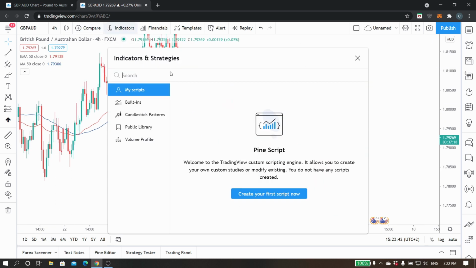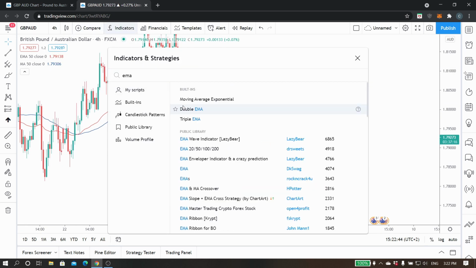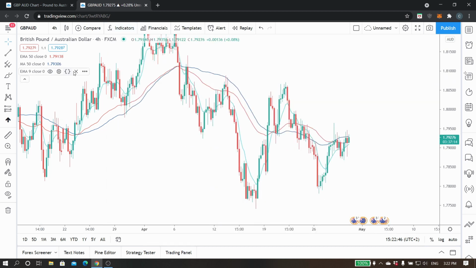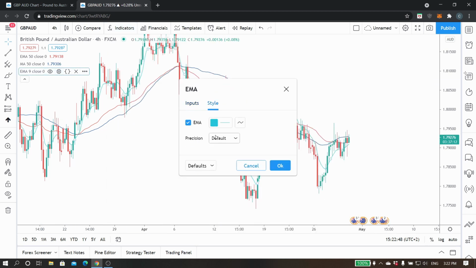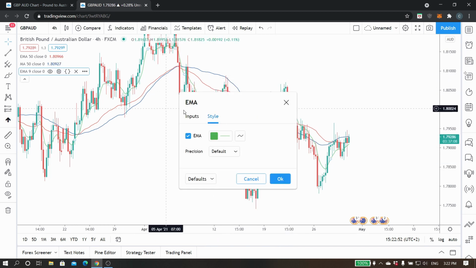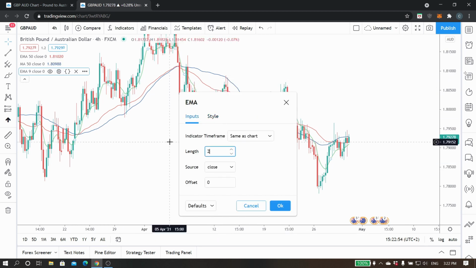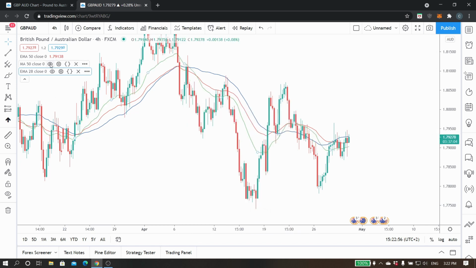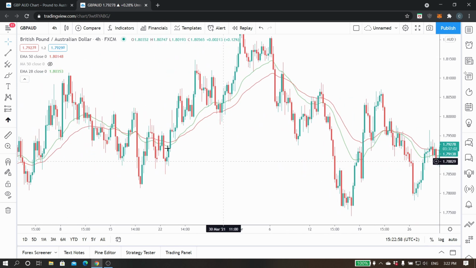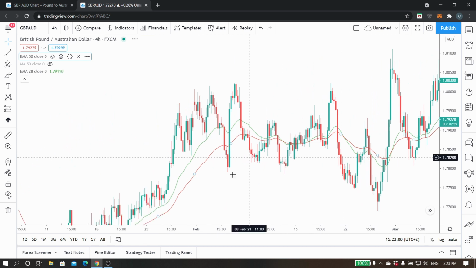So let's put another EMA on it, and let's make that one green so I can show you the crossover. Let's use input 28, and let's remove the simple moving average to show you the crossover.